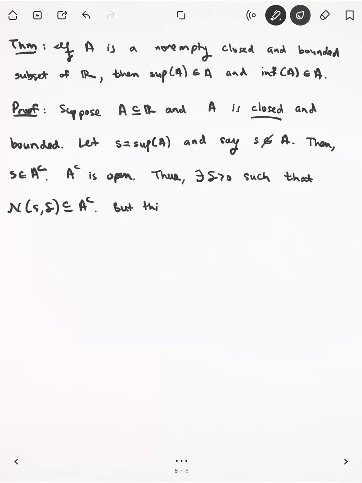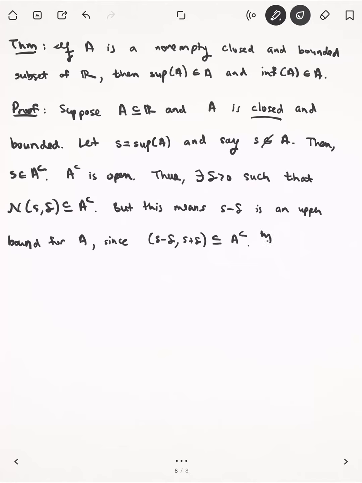But this means S minus delta is an upper bound for A, since S minus delta to S plus delta is a subset of A complement.